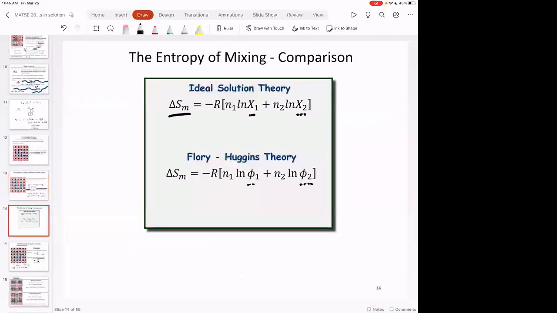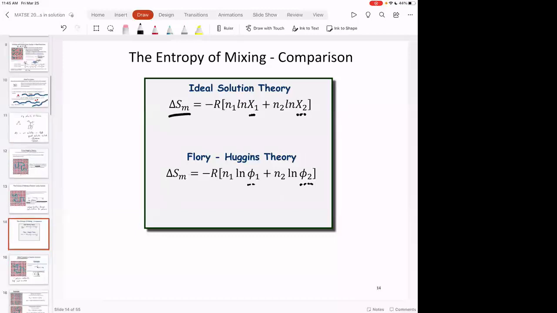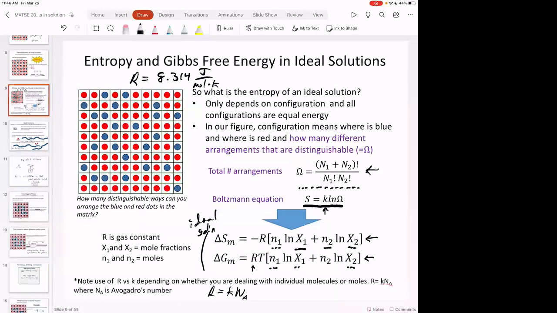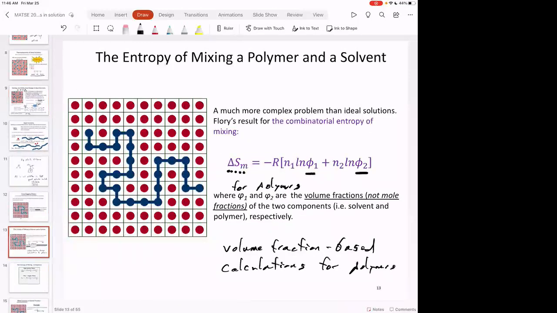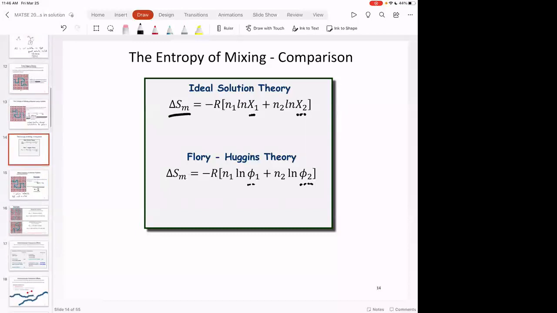That's a step that we want to make today and when we meet on Monday again: that we are able to figure out, or at least able to square up, what's happening in small molecule ideal solutions versus what the difference is with polymers. Okay, any questions or comments on that?